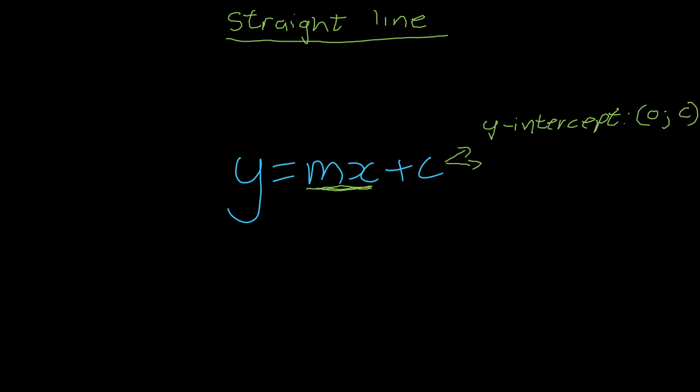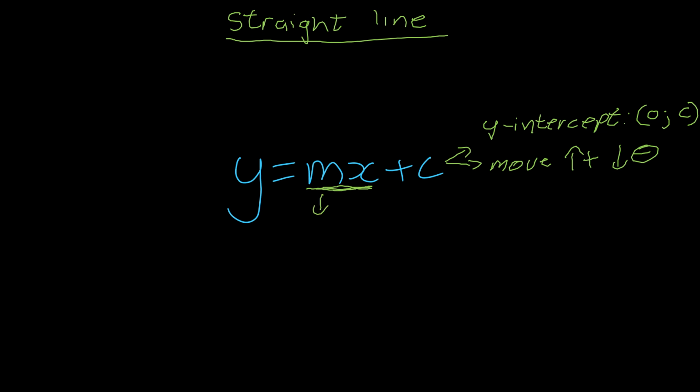We should also know that the c value essentially tells you by how many units the function either moved up or moved down. So just from the formula, if you want to find the c value, you should know that it relates to the y-intercept.